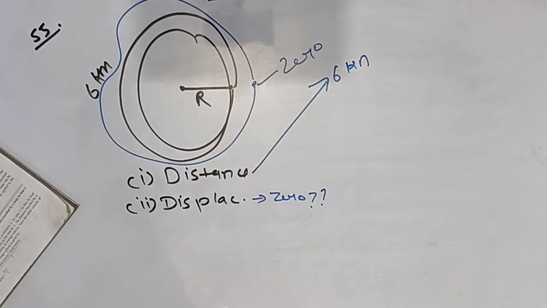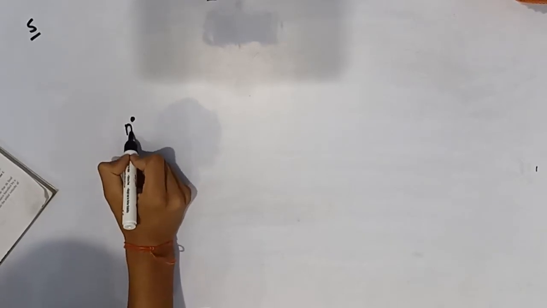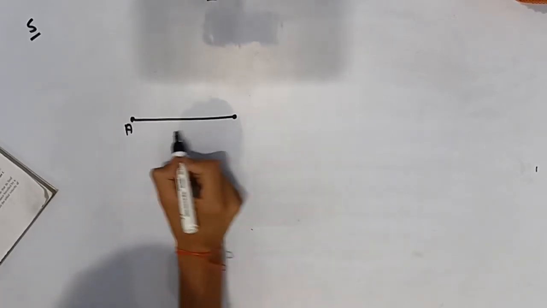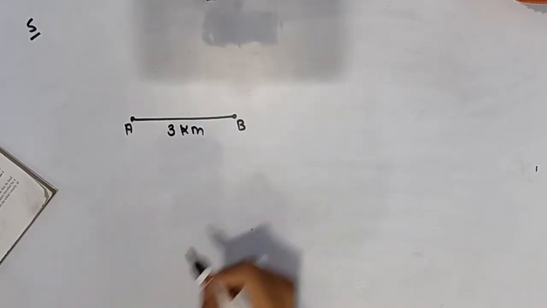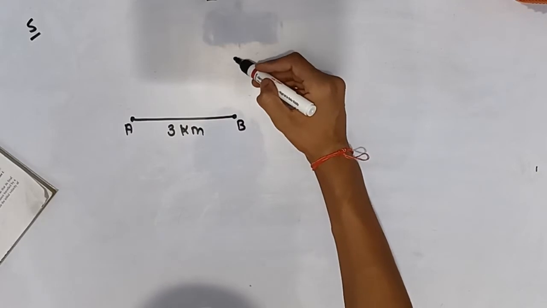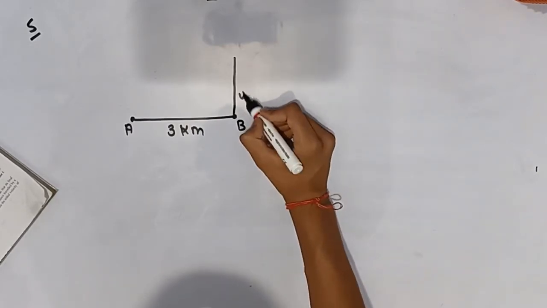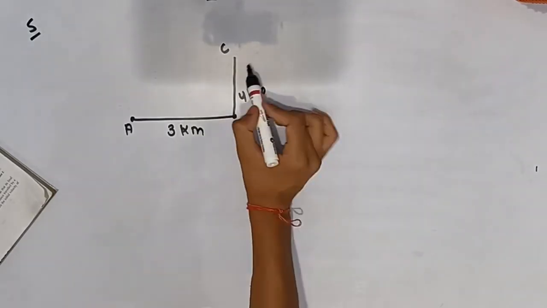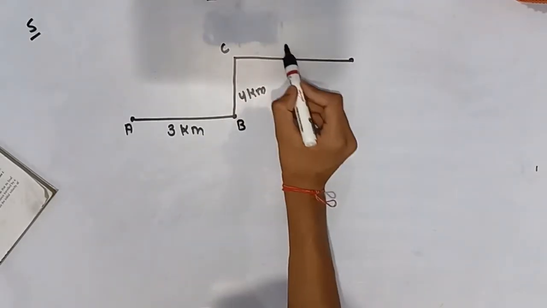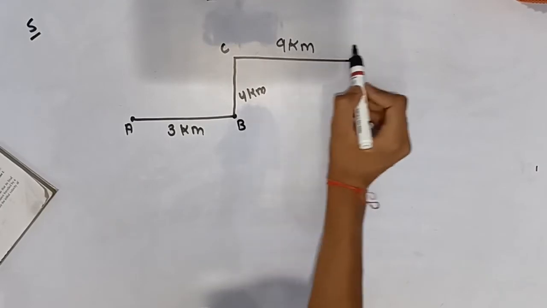So now let's move to question number 57. Question number 57 says that a body travels a distance of 3 km towards the east. Means the body started at point A and travels 3 km towards the east, we can call this point B. Then it travels 4 kilometers towards the north, and then finally it travels 9 kilometers towards the east.